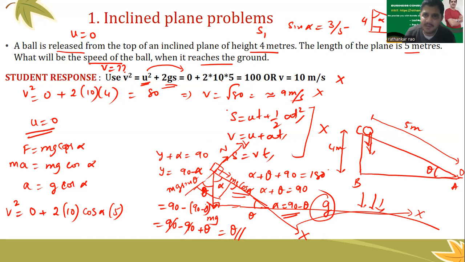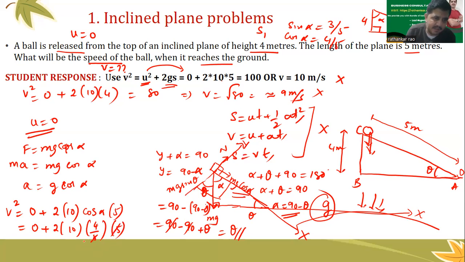Look, we got it. And then, what do you need? Oh my God, I need cos alpha here. What is cos alpha? Cos alpha is equal to 4 by 5. See, adjacent by hypotenuse. Let me substitute it. This should be 0 plus 2 into 10 into 4 by 5 into 5.